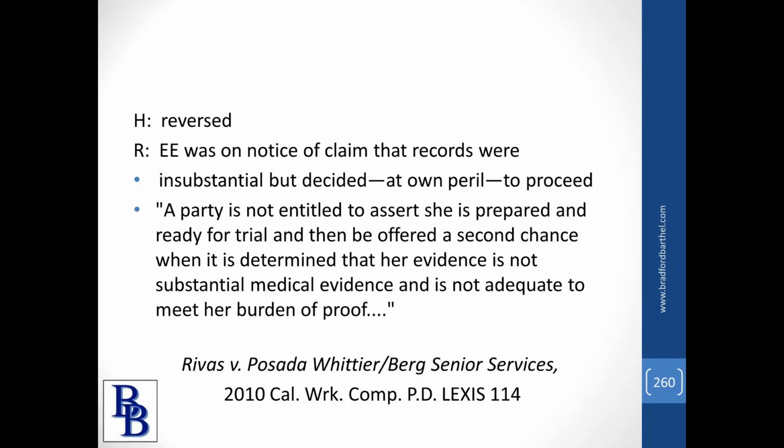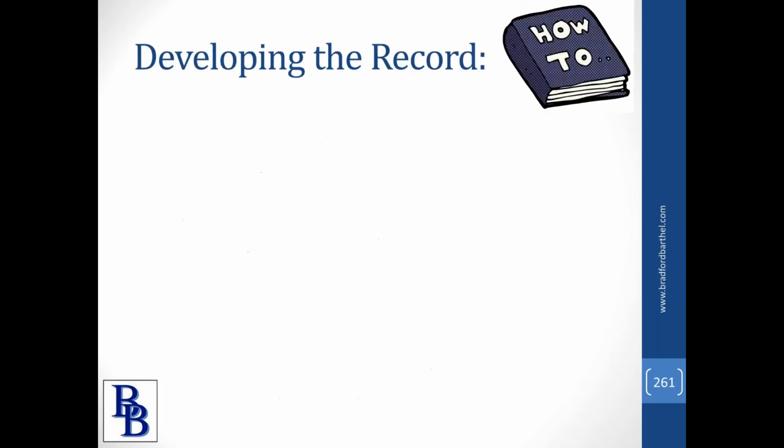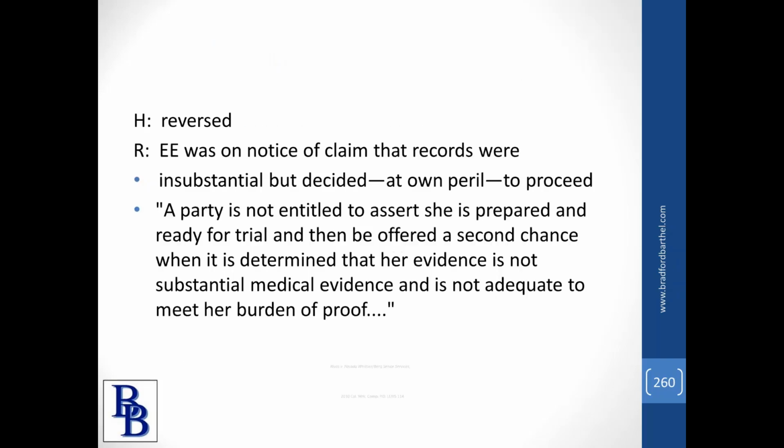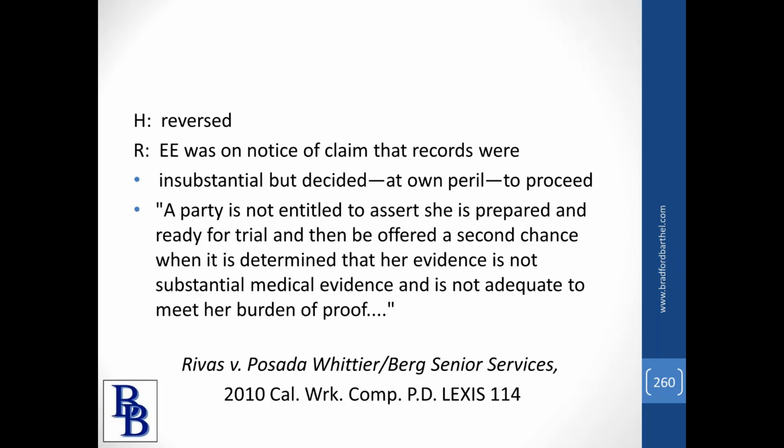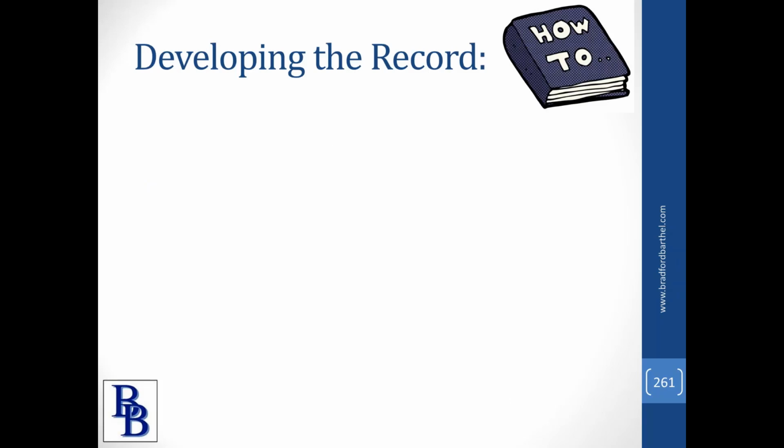Quote, "A party is not entitled to assert she is prepared, ready for trial, and then be offered a second chance when it is determined that her evidence is not substantial evidence and not adequate to meet her burden of proof." So what are these situations where the defense actually wins on an evidentiary issue? I suspect in this case, faulty strategy or words to that effect were used successfully by the defense.